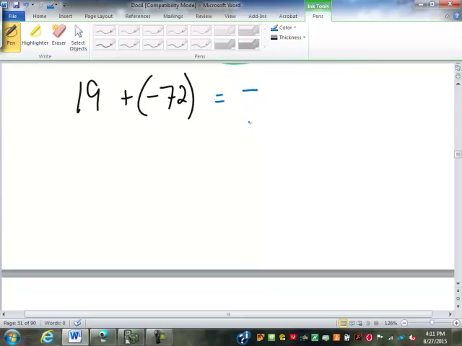Negative. Are we going to add the values or subtract the values? Subtract. We've got a positive 19, negative 72. Since they go opposite directions, we subtract the values. So the difference between 19 and 72 is 53, so negative 53.